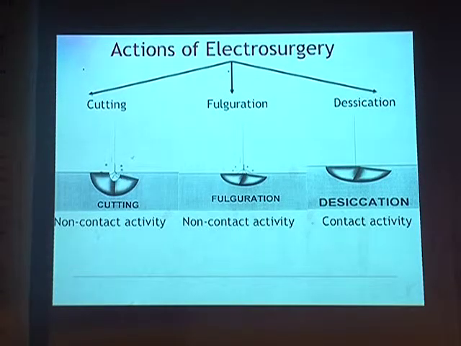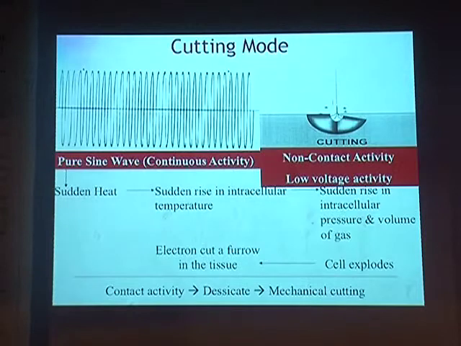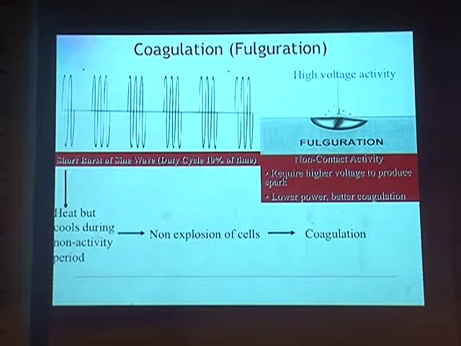Fulguration is mostly called a spray kind of diathermy, a spray kind of electric source. A small amount of air between the tissue and the active electrode gets energized, and that hits the tissue, and a wide area can get fulgurated by the spraying mode. And desiccation is a contact mode, and the active cycle of this is hardly 4%.